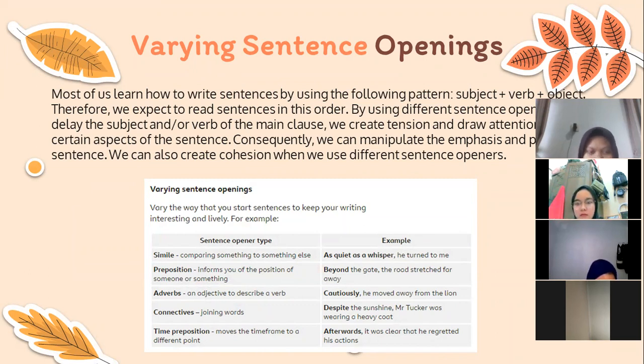Sentence extension openings. Most of us learn to write a sentence by using the following pattern: subject plus verb first, then object. We expand the sentence in this order by using different sentence openings to delay the subject and or verb of the main clause.